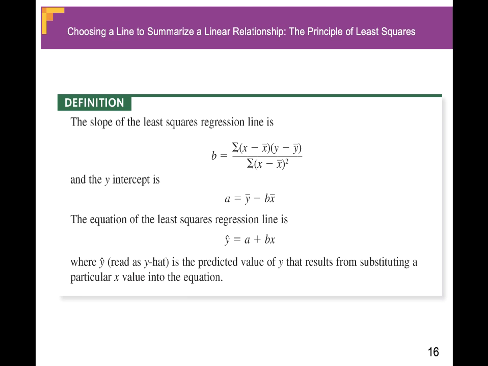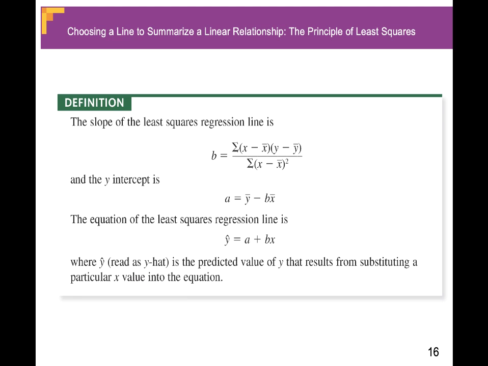They're still somewhat cumbersome. For the slope, you have to take each x, subtract the mean, each y, subtract the mean, multiply those two together, then add all of that up. Then you divide by the sum of the x minus x bar squareds. That's actually a different value than the x minus x bar that you had above, because you're squaring and then summing. It's complicated. You will not do this by hand.